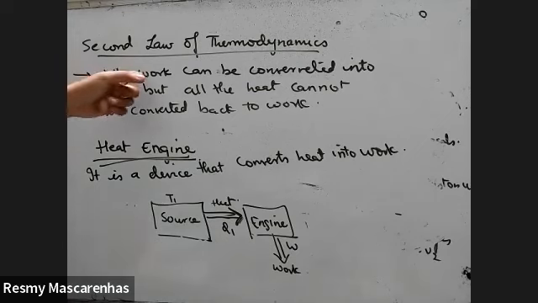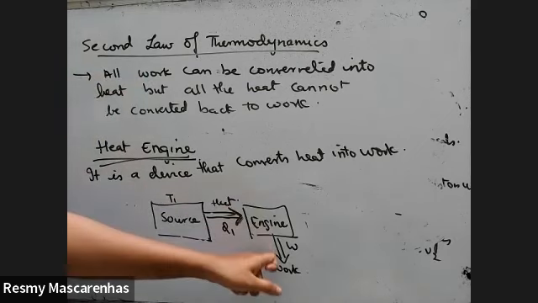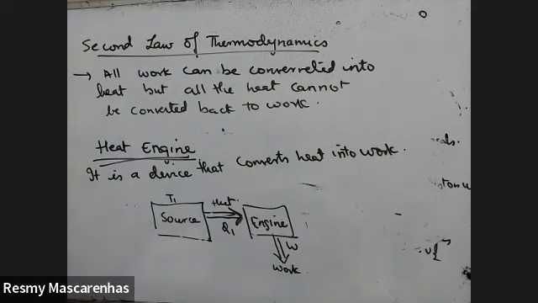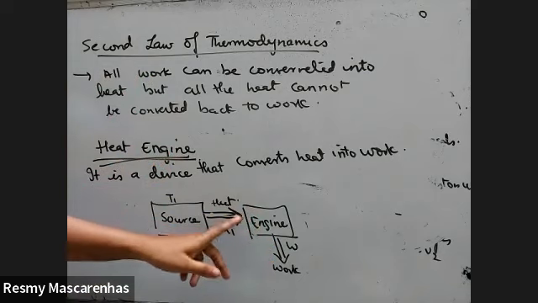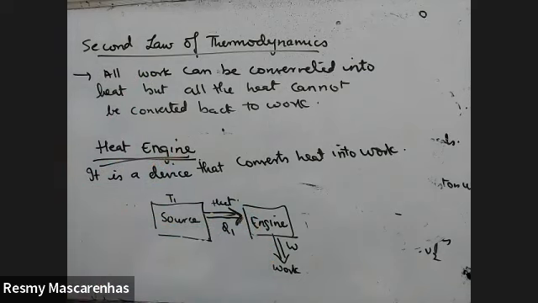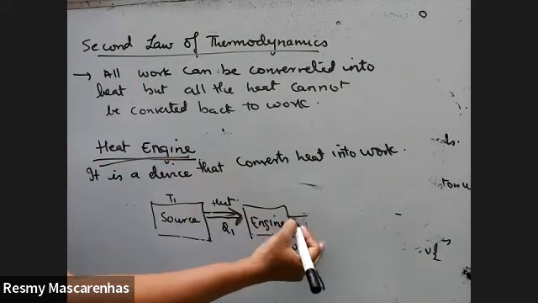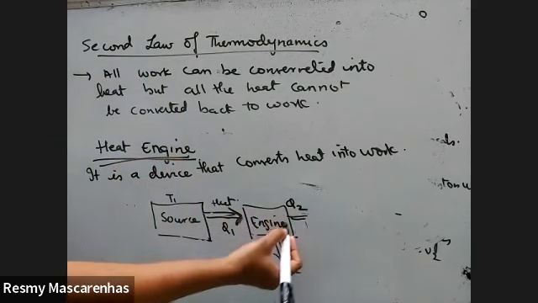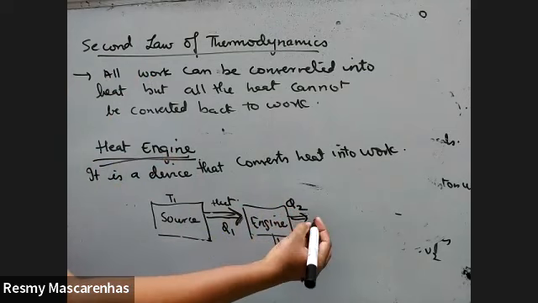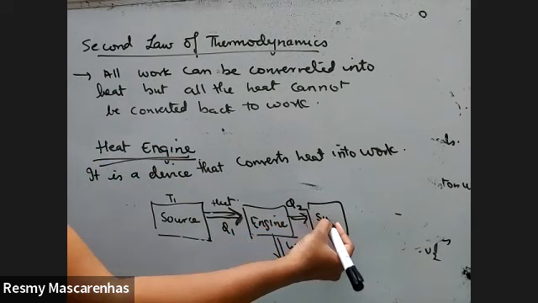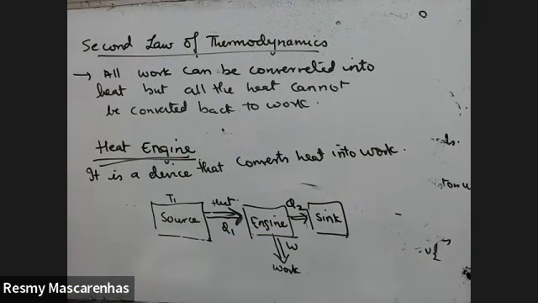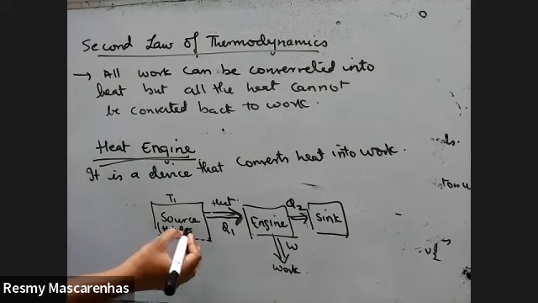As per the second law of thermodynamics, the entire heat will never be converted into work. Any perfect engine will never be able to convert the entire heat into work. Some heat is always remaining. So that we take as Q2. Part of it is used as work, and the remaining goes to something called the sink. The source is also called the hot reservoir.